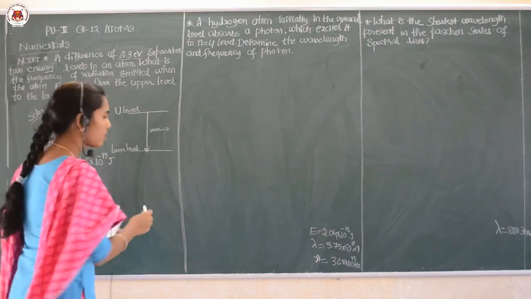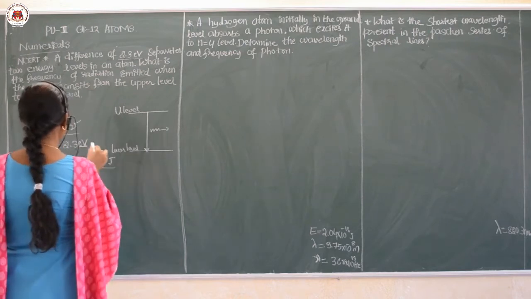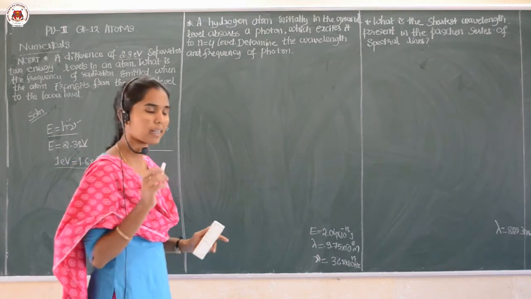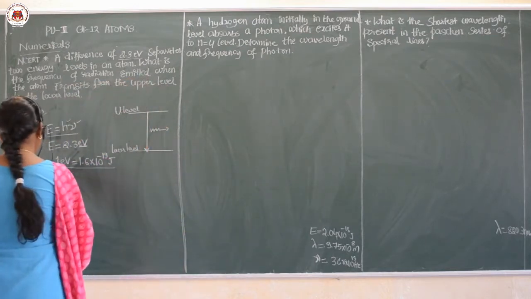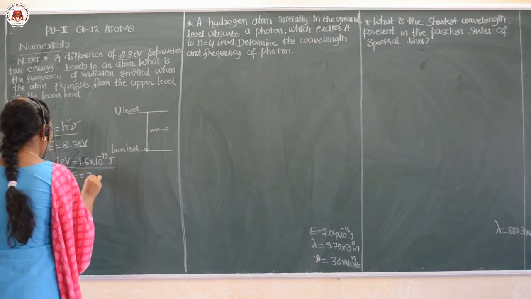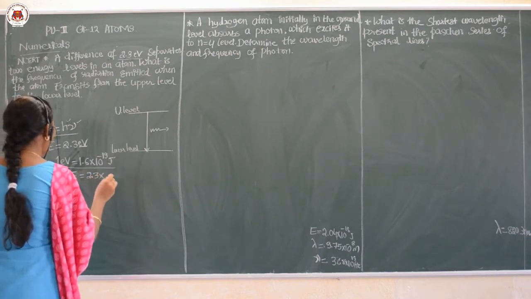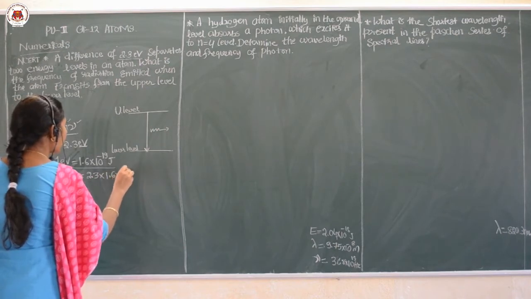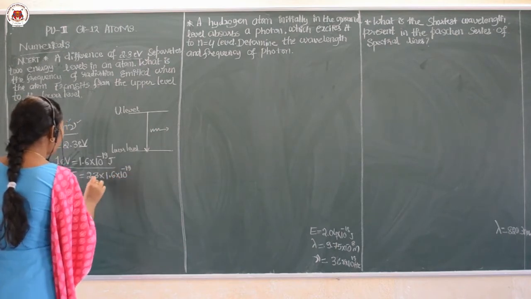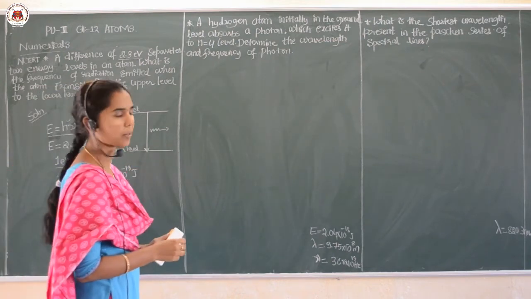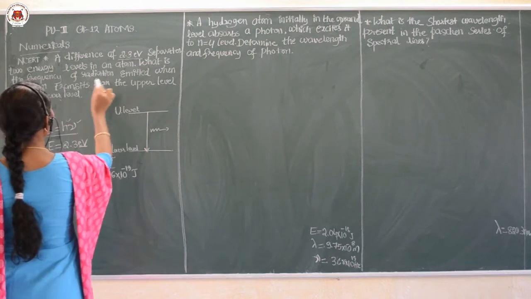Am I clear? So use this and substitute here, then we get the value of the energy. Therefore, I can write energy E is equal to 2.3 into 1.6 into 10 raised to minus 19. Then this will give me the value of the energy in joules. And what is their question actually?